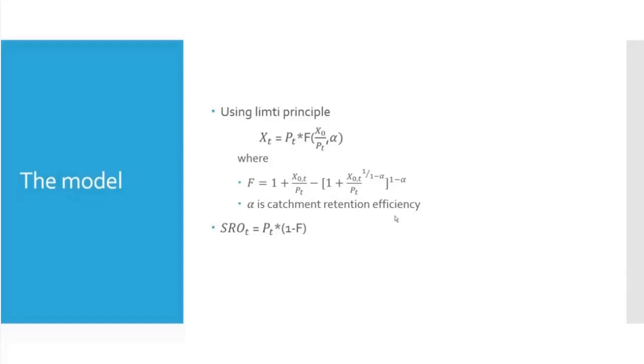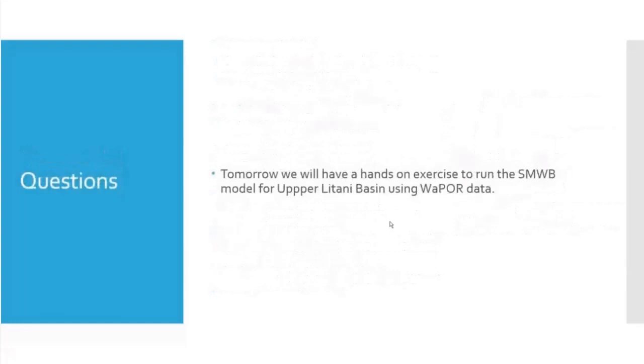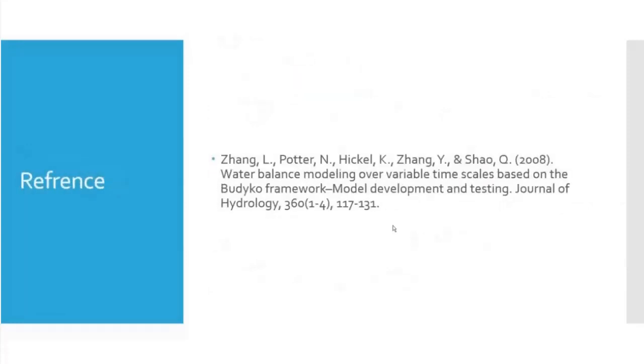And finally, to show you the effect of the retention parameter here, as alpha is low, that means the curve will be very far from the supply and the demand limit, and as alpha increases, then the curve becomes close to the supply and the demand limits.